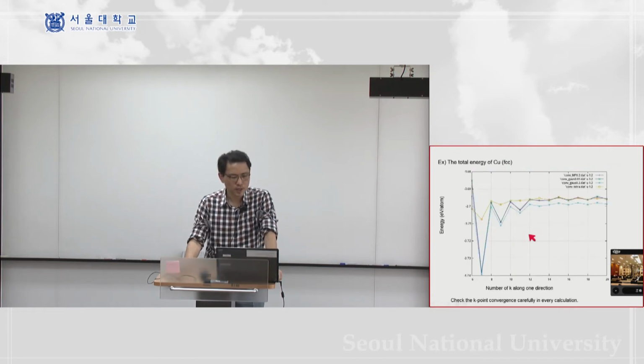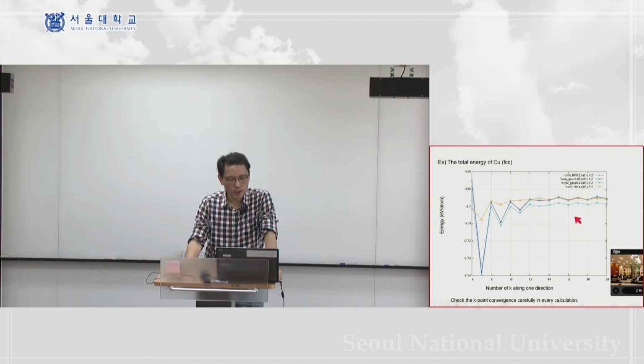All right, so this compares the convergence of the energy with respect to the k-point with different types of smearing schemes. This one is Methfessel-Paxton 0.2 electron volt, this one is Gaussian with width 0.01, and this one is Gaussian with width 0.02, and this one is the tetrahedron.